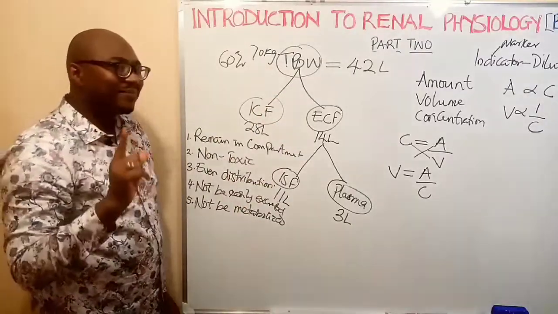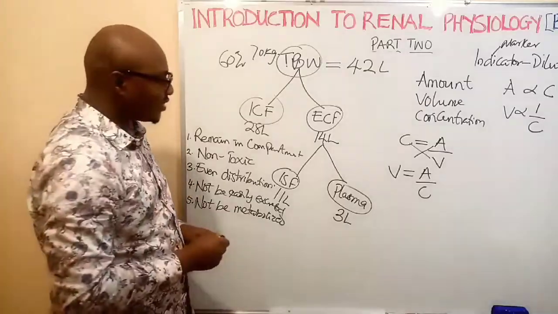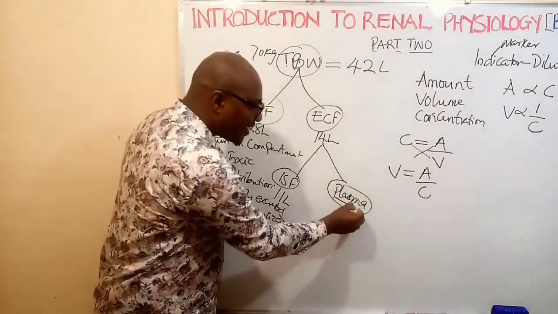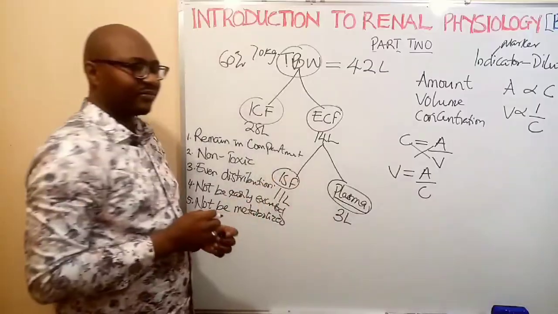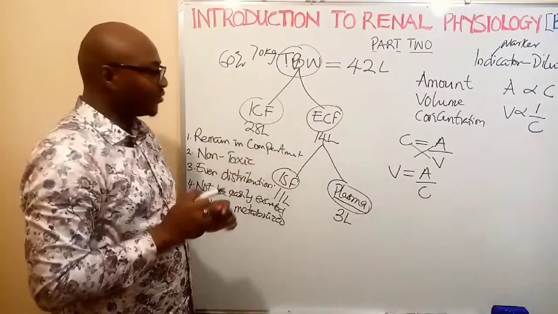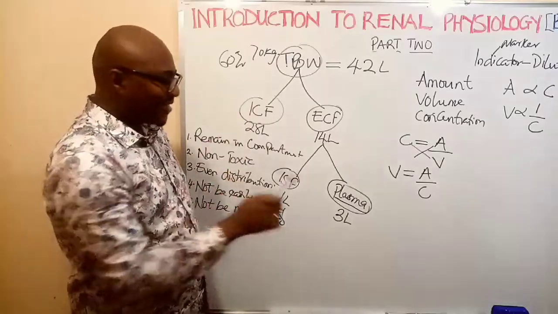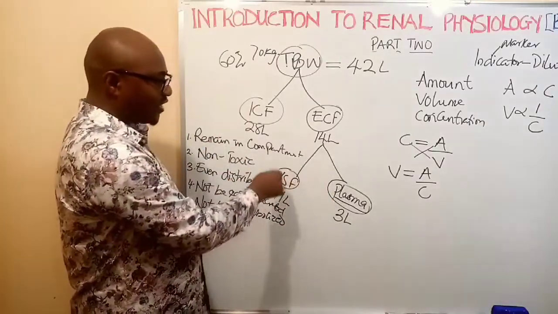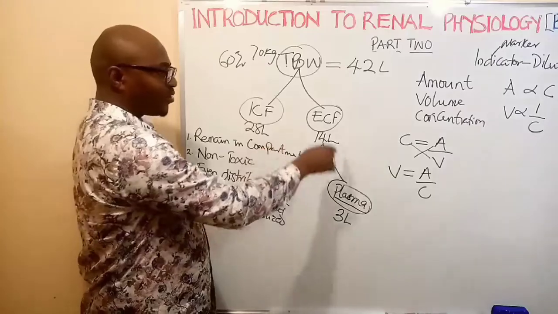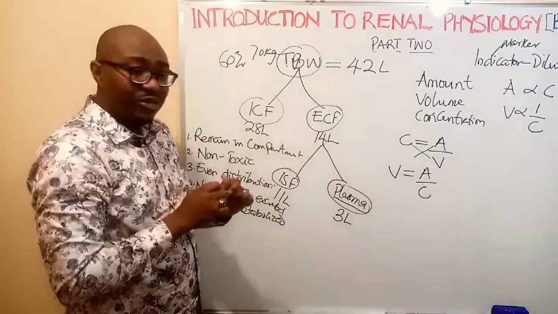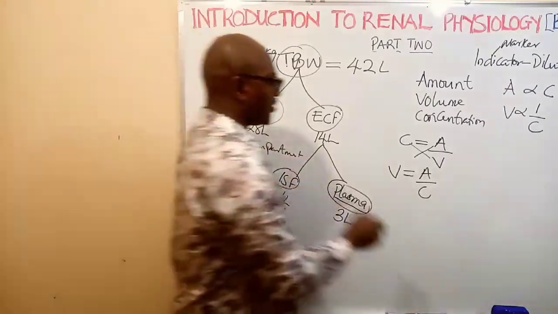The only compartment that we can gain access to is the intravascular, the plasma. The plasma is located in the vessel. So how do you now do the rest? It means that there is a relationship and a connection between all of these compartments. Let's just visit it a little so that you understand how it works.